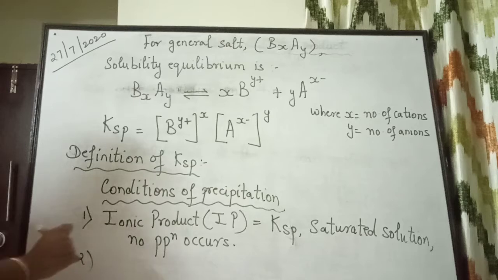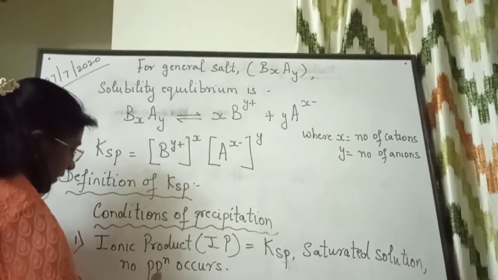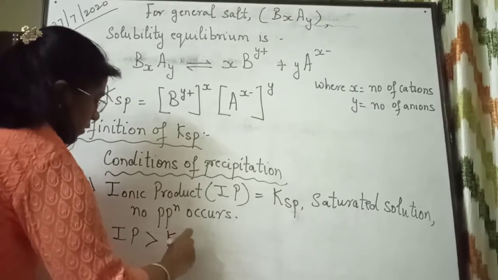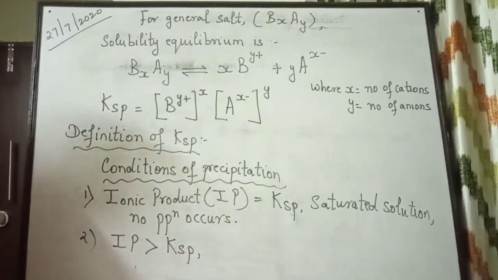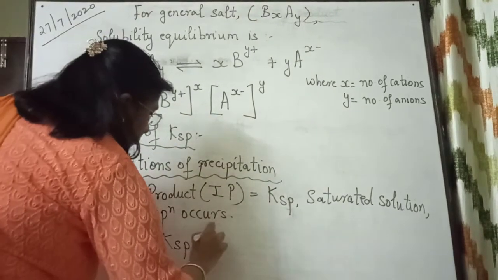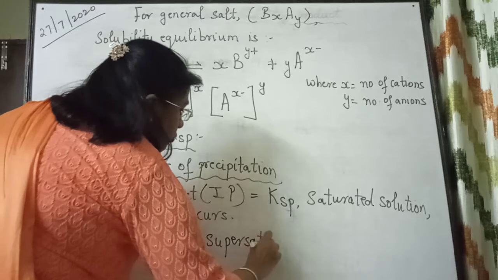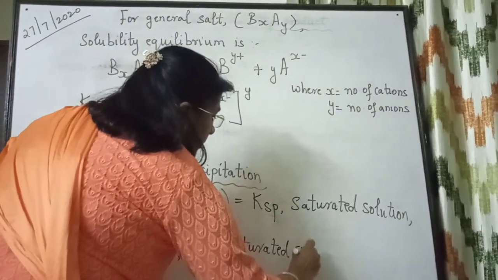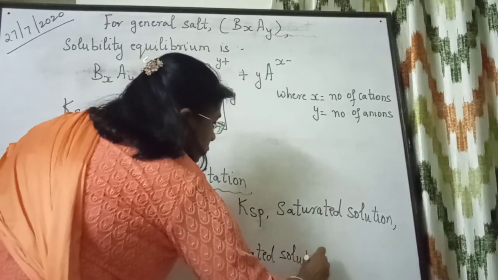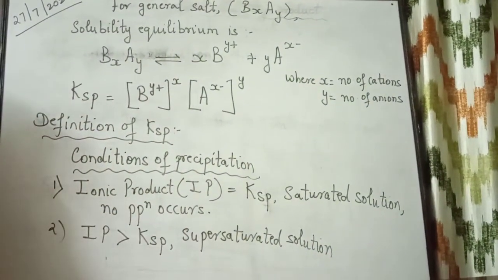There is also possibility of ionic product to be greater than solubility product. Such a solution is called a supersaturated solution. What do you mean by supersaturated solution?